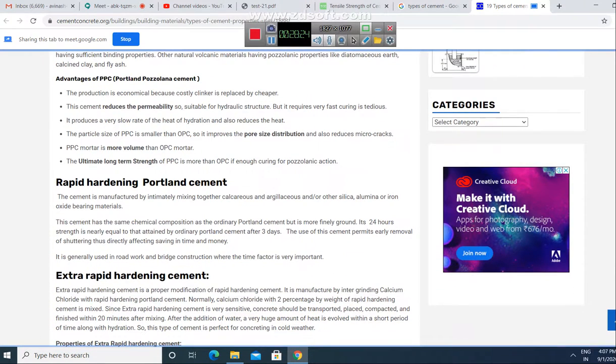Next kind of cement is the rapid hardening Portland cement. You are intimately mixing together calcareous and argillaceous materials. Now, the chemical composition of ordinary Portland cement and rapid hardening Portland cement is almost the same. But the rapid hardening Portland cement will be more fine in nature.